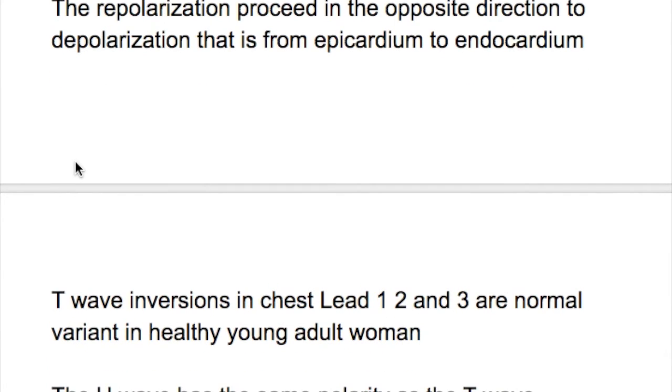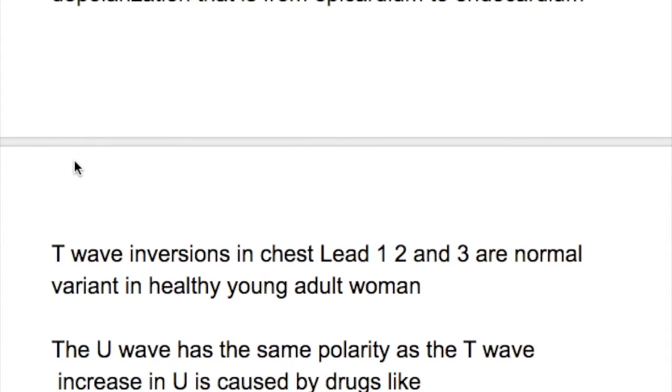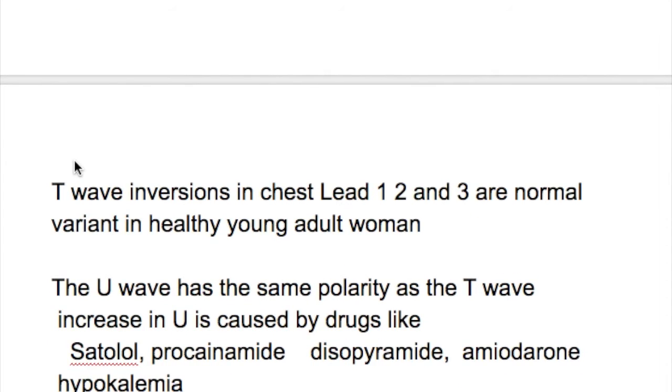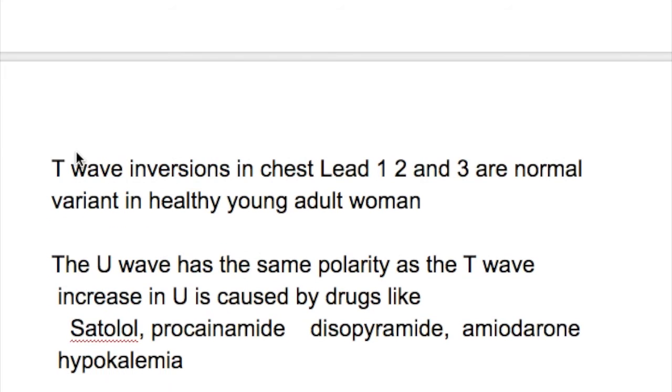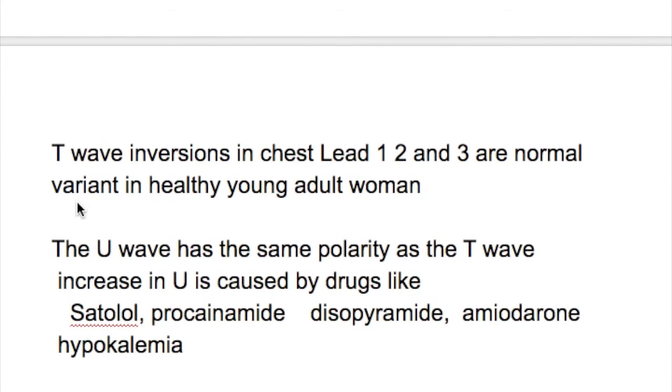In which leads may the T wave be inverted normally? T wave inversion in chest leads V1, V2, and V3 is a normal variant in healthy young adult women. The U wave has the same polarity as the T wave, and an increase in U wave is caused by certain drugs.